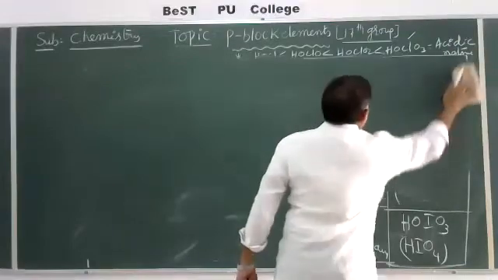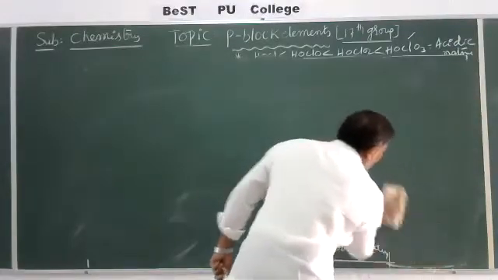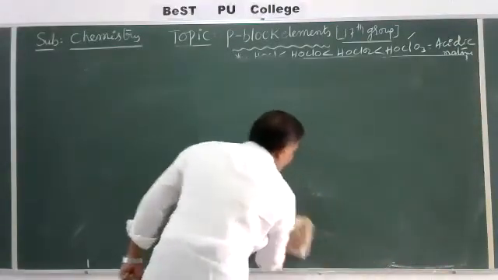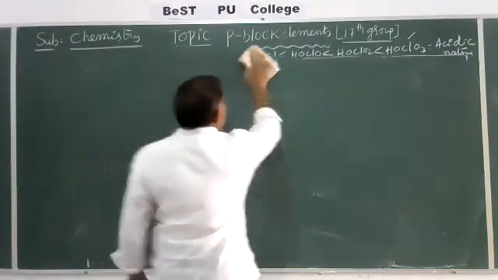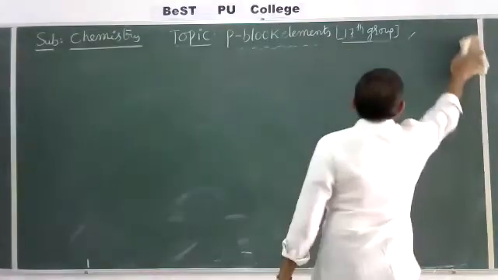Among all these, the most acidic oxo acid is perchloric acid.